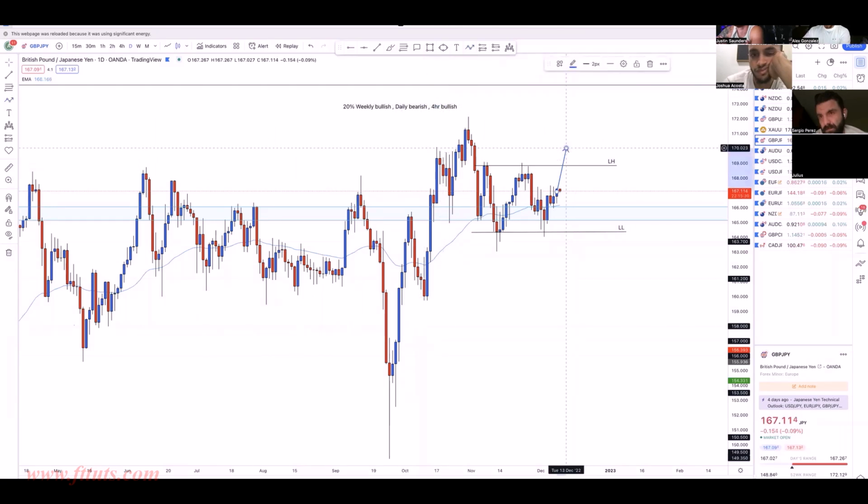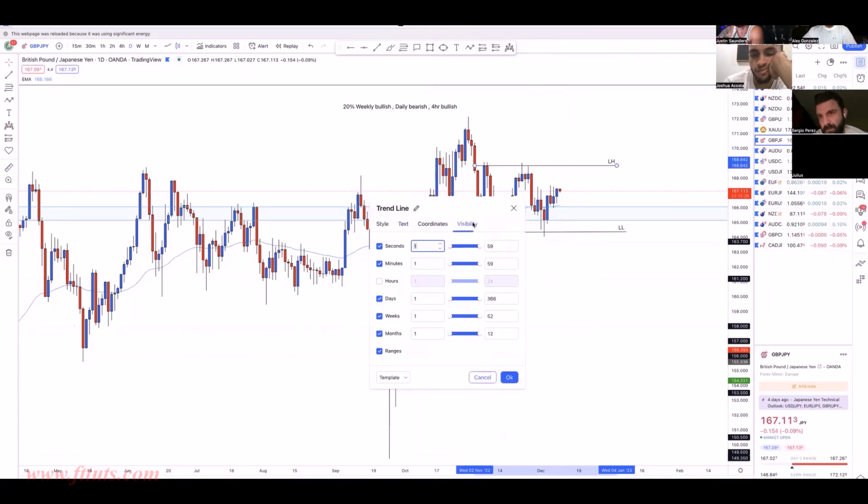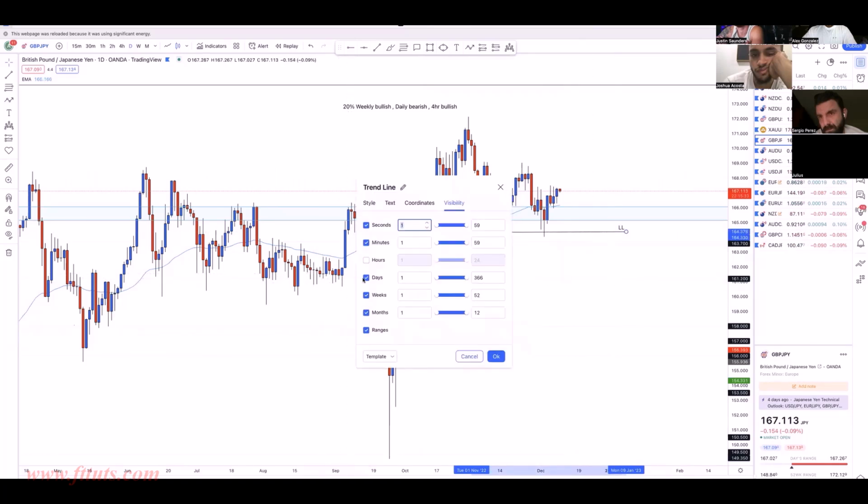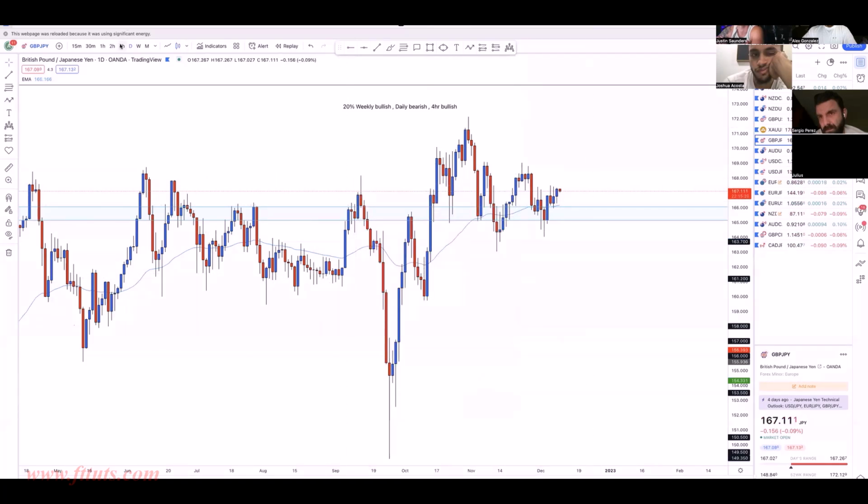So what we'll do is put this back to visible on daily only. We won't make it visible on the hourly, so we don't get confused. And now we go down to the 4-hour because we have to look for an area of interest on the 4-hour to take the buy.